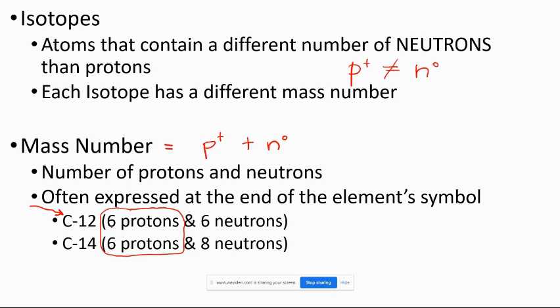So if this has to be 6, if we subtract from 12, then we have to have 6 neutrons. If this is 14, well, 6 of them have to be protons because otherwise it wouldn't be carbon. Okay, so then the other 8 have to be neutrons. Does that make sense?